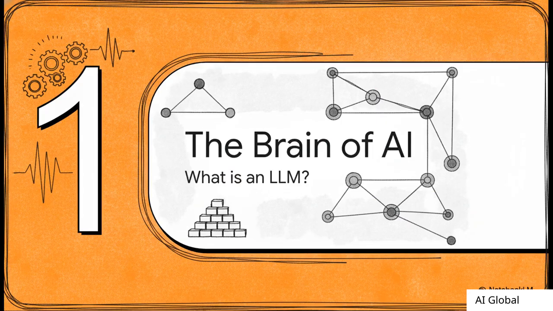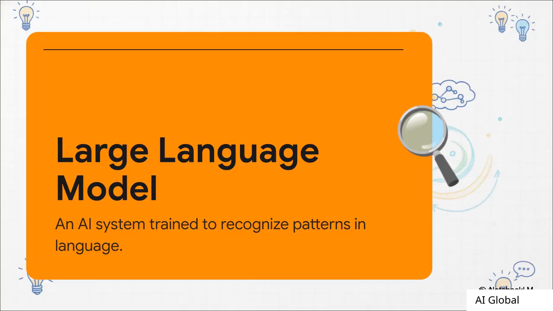All right, part 1, the brain of AI. What exactly is an LLM? At its absolute core, a large language model is simply a highly advanced pattern recognition system. Now, it has been trained on a massive, almost incomprehensible amount of data. We're talking the equivalent of millions of human lifetimes of reading just to recognize mathematical patterns in human language.